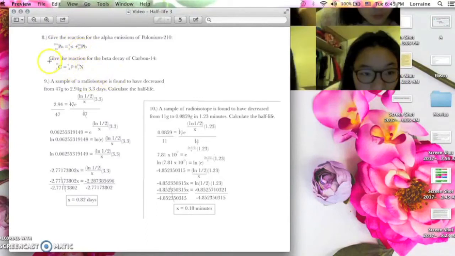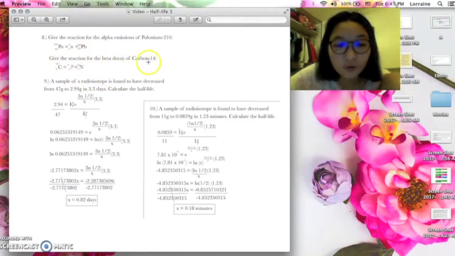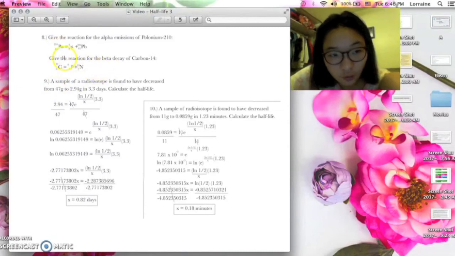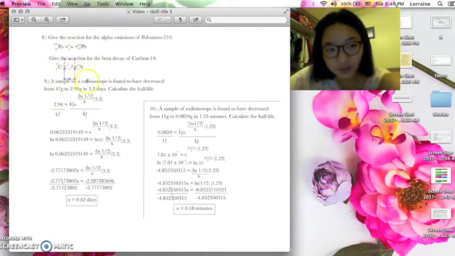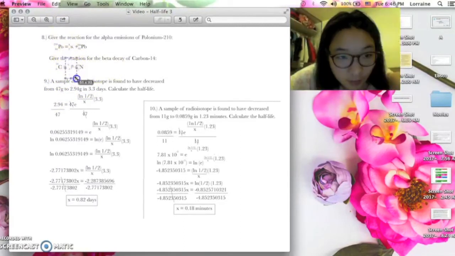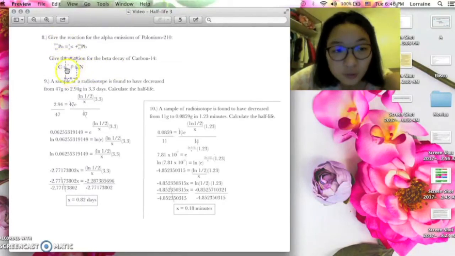And for this next one here, give the reaction for the beta decay of carbon-14. So for carbon-14, this one is the mass number, and this one is the atomic number. So carbon-14, then 6. That's how it's always going to be written. Since it's a beta decay or beta emission, we use the beta sign, then 0, negative 1. Once again, this is fixed.